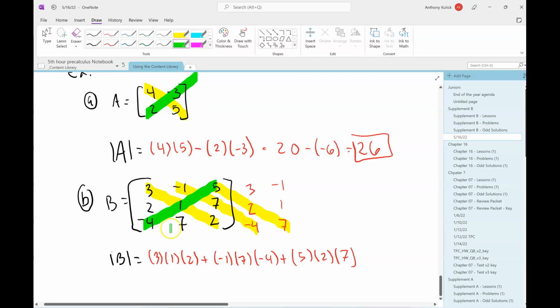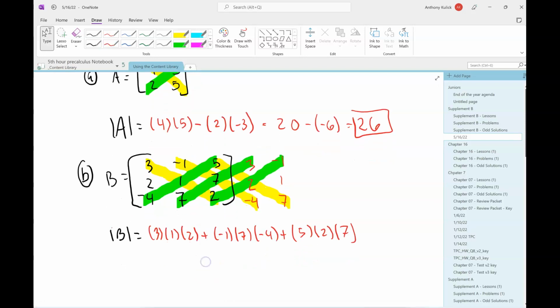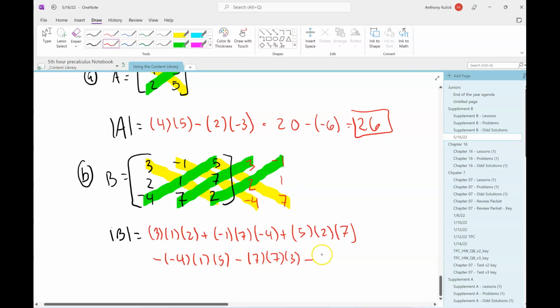So -4 times 1 times 5 minus 7 times 7 times 3 minus 2 times 2 times -1. Now, I wrote that on 2 lines just because it wasn't going to fit on 1 line without everything getting really small. But that's all just like 1 line of calculation, right?